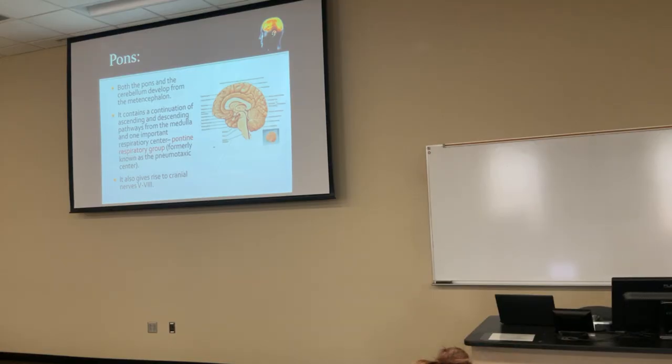Then the next level of the brain is called the metencephalon because it develops from the metencephalon region of the 5-week-old human embryo. And there are two parts that develop from the metencephalon, the cerebellum and the pons.